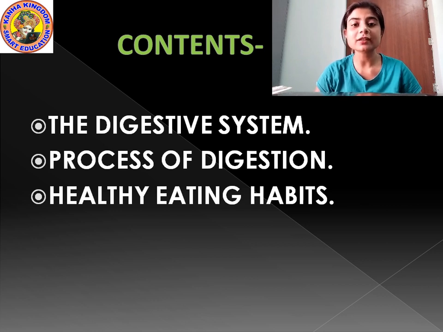What are the functions of the different organs through which digestion takes place in our body? The food that we eat, how does it get digested in our body, and how do the digestive organs help in digesting it? We will study this, and also what healthy eating habits are and how we can improve our eating habits. So let us begin with the digestive system.